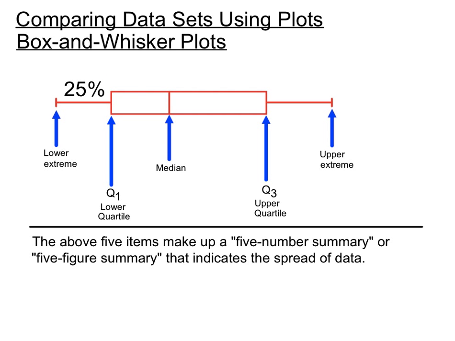Okay, now one idea here is that each section of our box and whisker plot makes up approximately 25% of the data. So 25% of the scores should lie between the lower extreme and Q1, and another 25% of the scores should lie in the next section, between the lower quartile and the median.